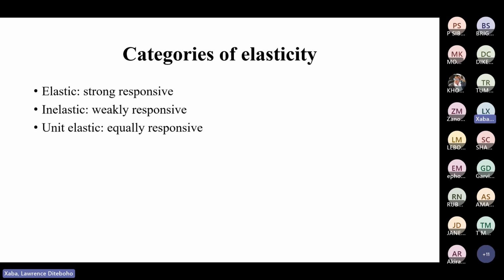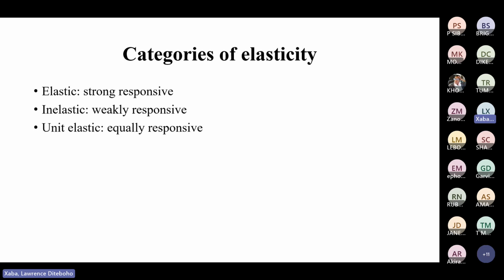Number 2, we have inelastic. Inelastic is the weak response. When we say it's a weak response, that means the change in demand is less than the change in price.